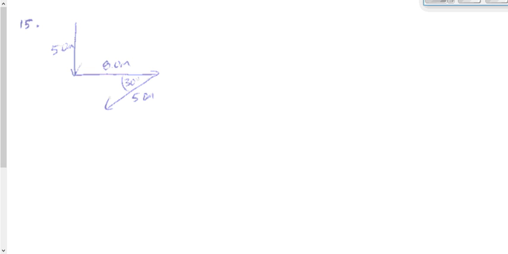Let's quickly go through these two questions that you had for homework here, at least the structure of them. We got this 5 meters. It's at 30 degrees right here. Let's label this as x. This is y. X is going to be 5 times cosine 30.